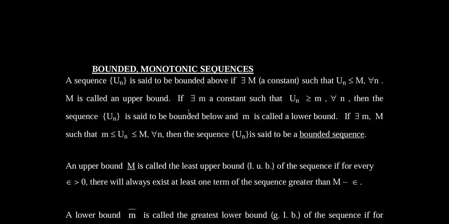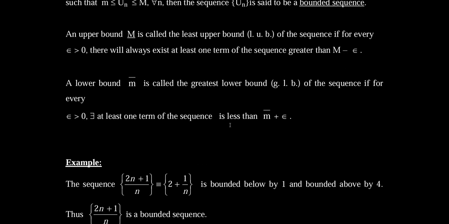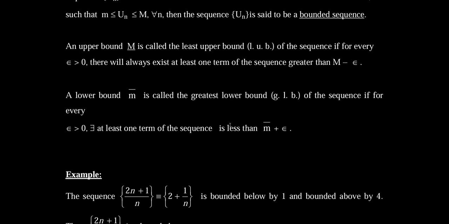Now, if that element m is such that u of n is always greater than or equal to m, then it is said that m is bounded below. So we have the upper bound and the lower bound. These are terms you've already seen, right? And an upper bound m is called the least upper bound of a sequence if for every epsilon greater than 0, there exists at least one term of the sequence greater than m minus epsilon.